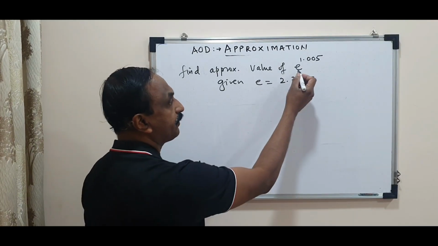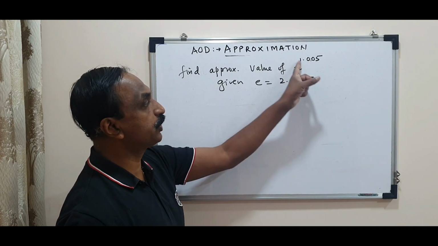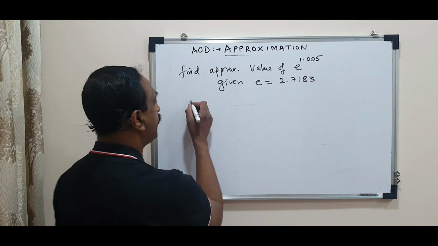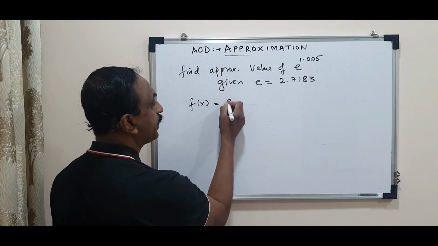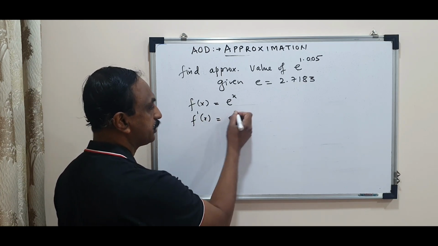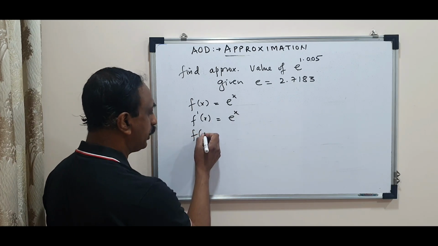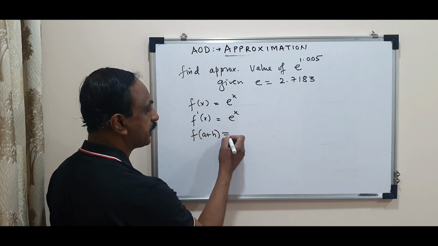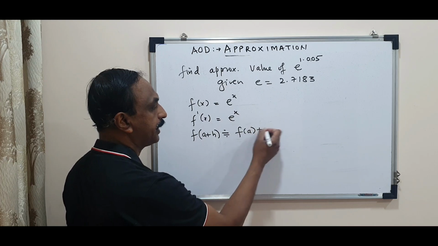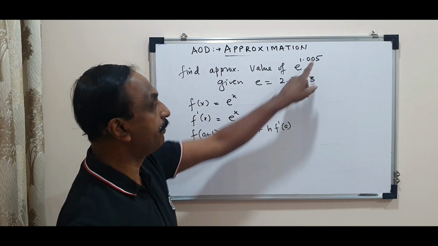We'll find the approximate value of e raised to 1.005. The number here is 1.005. So the function f of x will be e raised to x, whose derivative f dash x also will be e raised to x. Now we need to write the formula. f of a plus h is approximately equal to f of a plus h into f dash of a. Replace a plus h by the number.